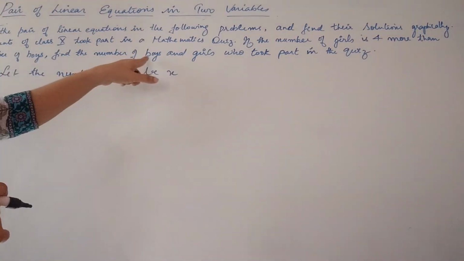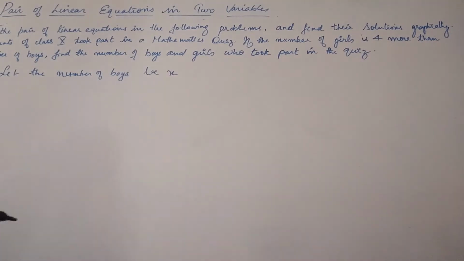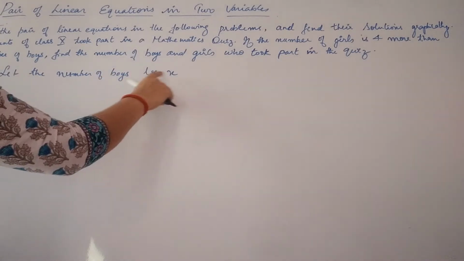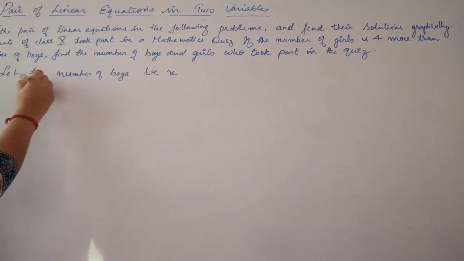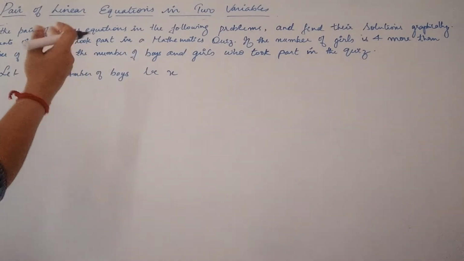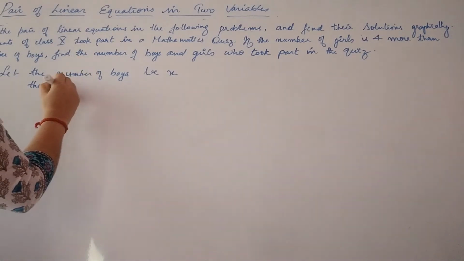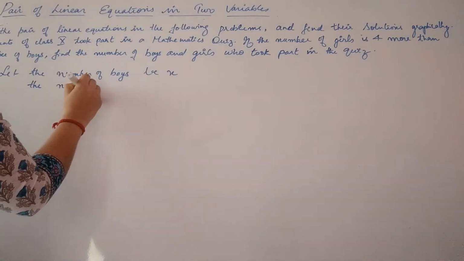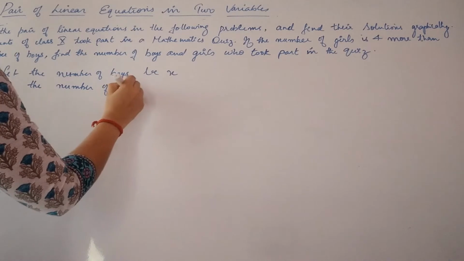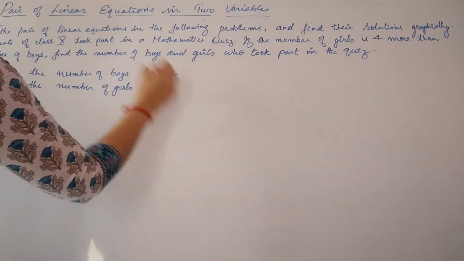One of the variables you can take as number of boys and the other as number of girls. Accordingly you will get the answer, but the final answer will be the same for both. If you take number of boys to be y and the number of girls to be x, the numbers will be the same at last. And the number of girls be y.